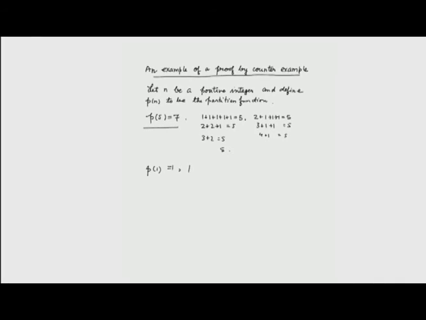So, there are 7 ways of writing 5 as sums of positive integers, and therefore, we write p 5 is 7. Now, if we calculate p values from 1 onward, then we will find that p 1 is 1, p 2 is 2, p 3 is 3, p 4 is 5, p 5 is 7.